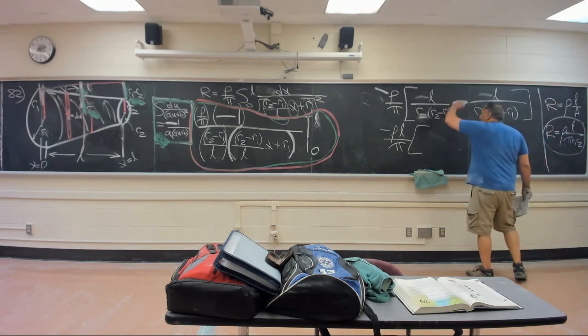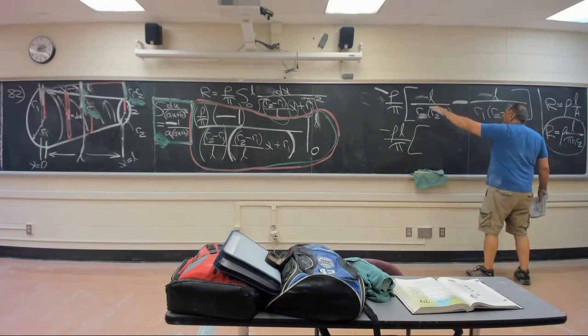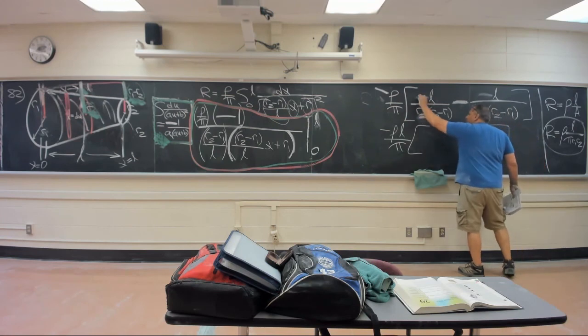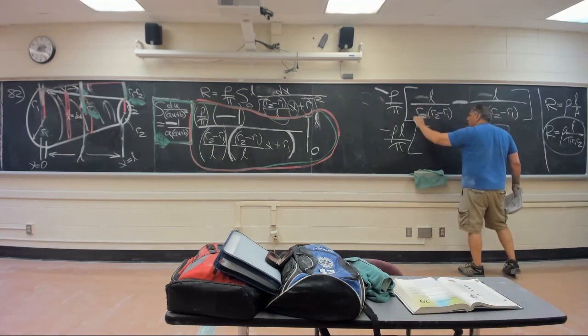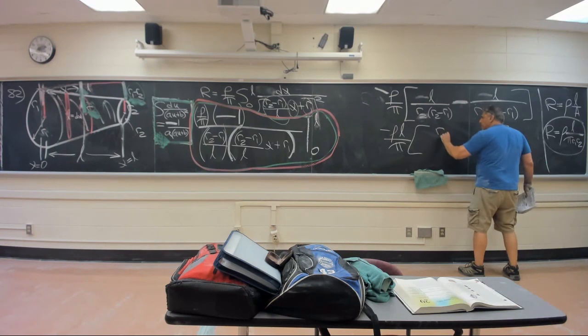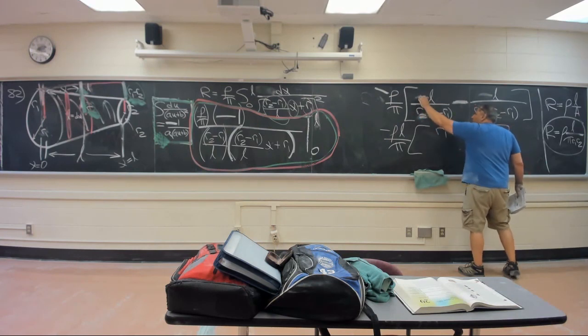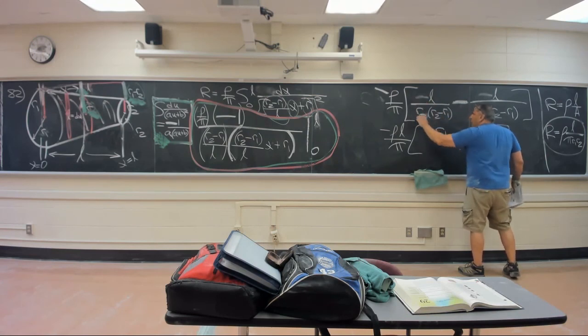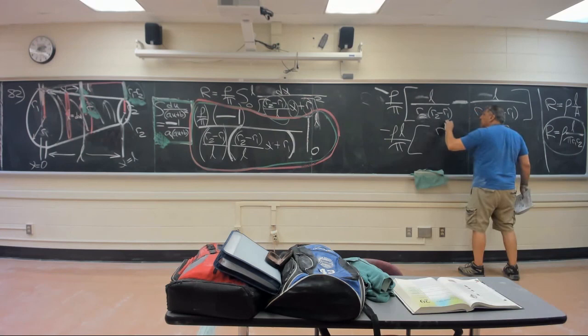So you pull the L out of there, negative rho L over pi. Remember, this becomes on top, you want to get a common denominator, so it's R1 over R1. You multiply by a special one, this guy right here. R1 over R1, you get R1, R2 times the quantity R2 minus R1.